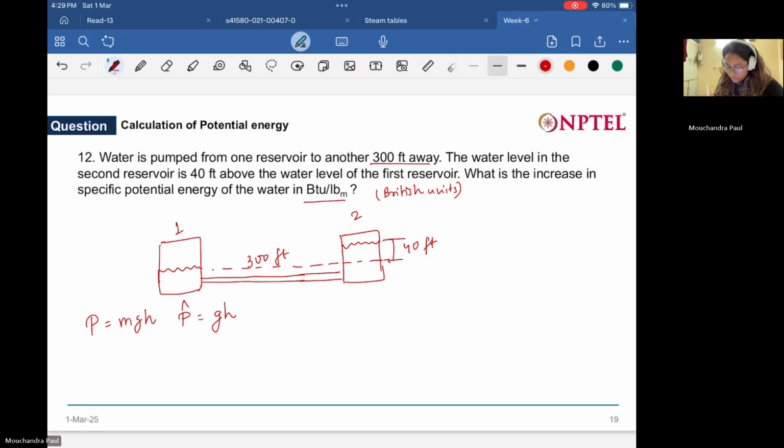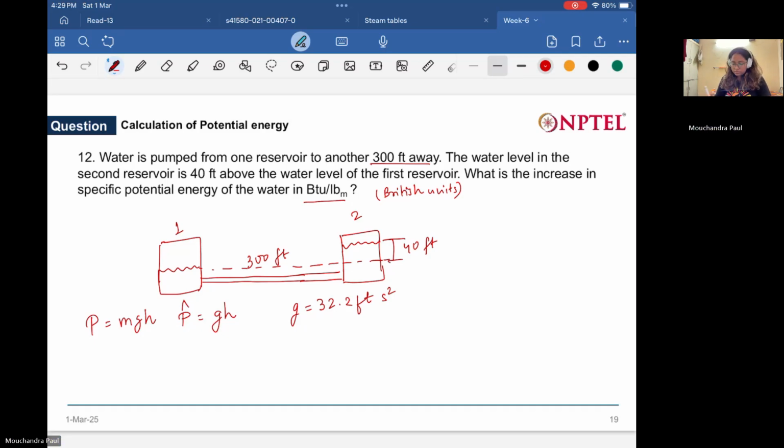Now, g, or acceleration due to gravity, in British units is 32.2 feet per second squared.